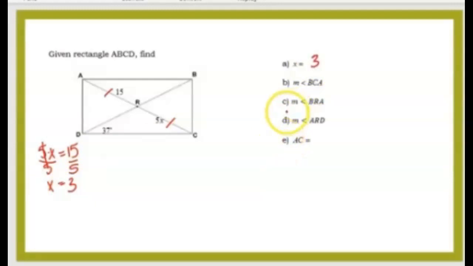The next one is angle BCA. So we're looking for this angle right here. Now this is where it comes into play where we talk about the whole transversal parallel line business. Because you have these diagonals here, we know this is going to be 37.